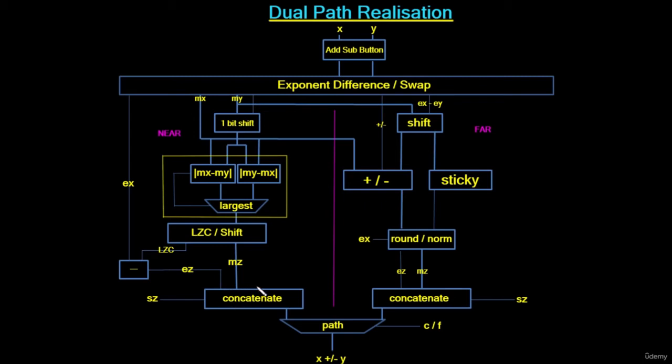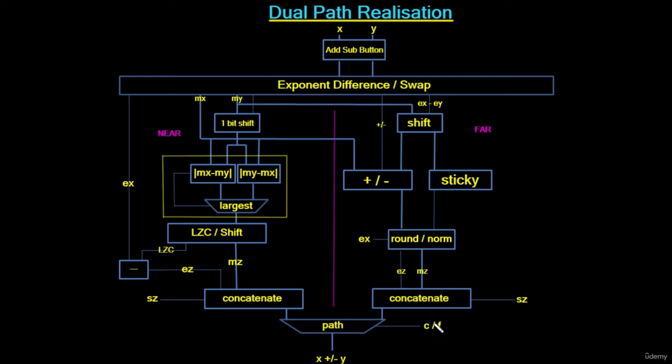And then we join the three together, that is, we concatenate them. So we take our sign, our exponent and our mantissa into just one block. And then it goes through this multiplexer, and there's a choice made by this multiplexer of the close path or the far path.